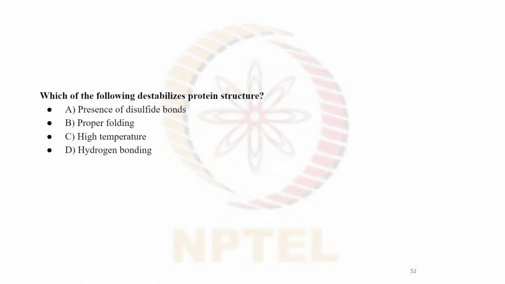So which of the following can destabilize a protein structure? As we have discussed, protein stability depends on interaction with other residues, interaction with the environment, and physiological conditions as well. So which of the following can destabilize protein structure?